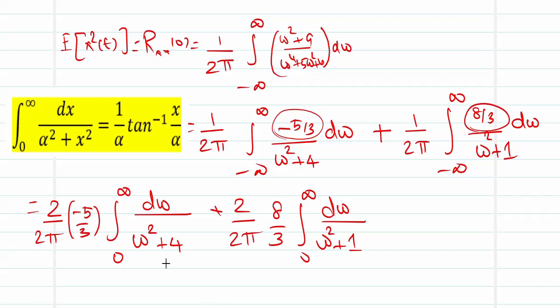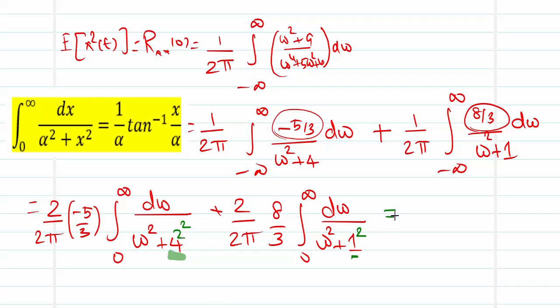Now, replacing this omega square over here, I can rewrite this as 2 square. So this is my alpha square, and over here this 1 can be written as 1 square. So now my alpha is going to be equal to 2 over here.